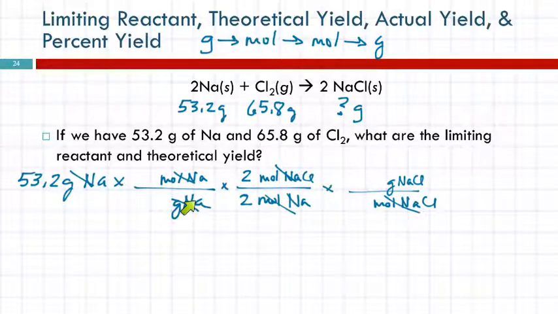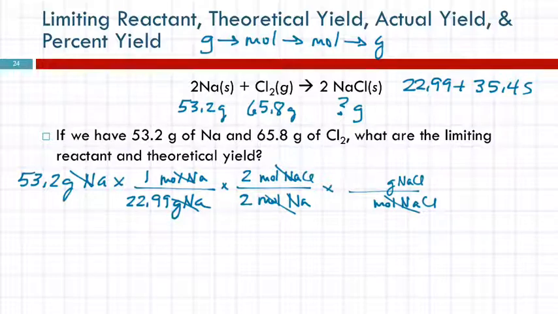I need the molar mass of sodium. Well, this is easier because it's an element. I don't actually have to calculate it. I just look it up on the periodic table. 1 mole of sodium weighs 22.99 grams. Sodium chloride, I do need to calculate that one. It's sodium 22.99 plus chlorine 35.45.